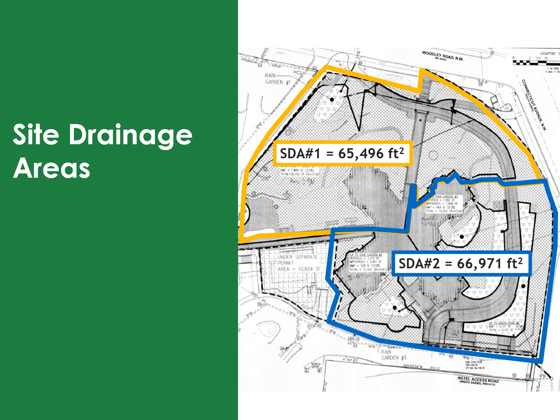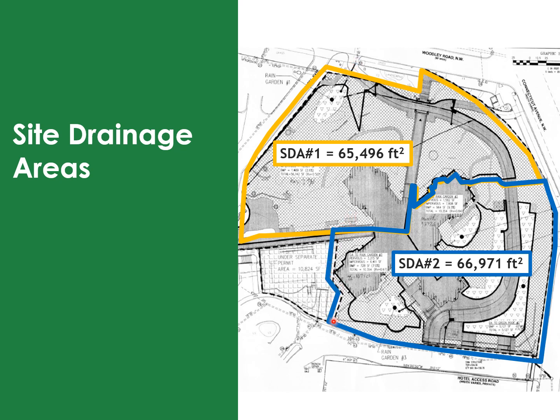So let's consider the site drainage areas for this site. We can see there are two, defined by how the runoff leaves the site. You can see in this yellow area, all of the proposed grading and proposed stormwater piping is going to direct runoff generally up towards this top left and leave through this pipe that's connecting to the storm sewer in the street. It passes through a rain garden on its way, but what defines the site drainage area is how it ultimately crosses the lot line here and leaves the site.